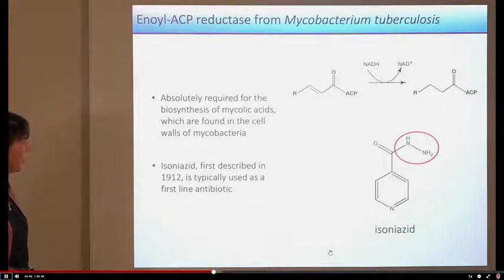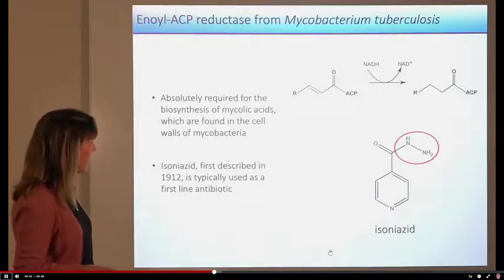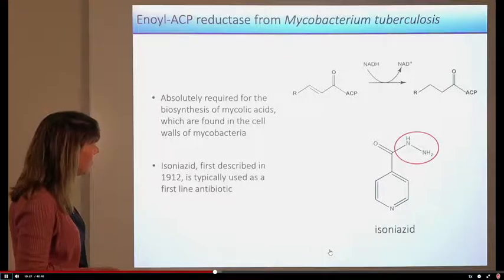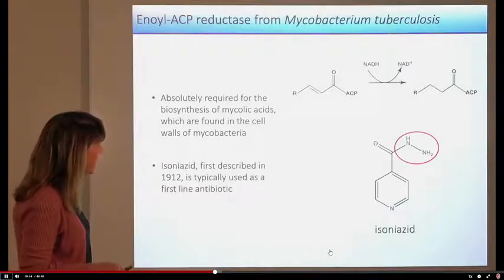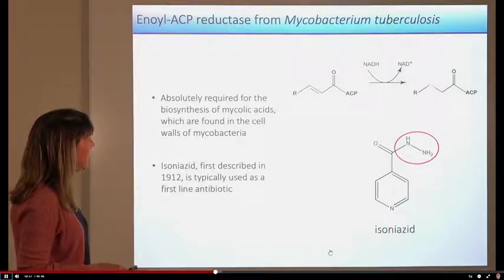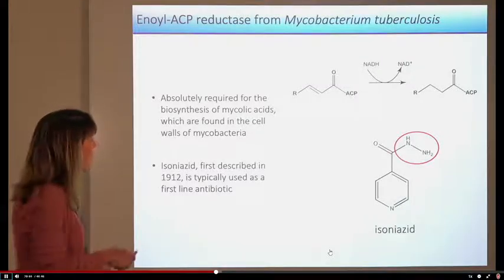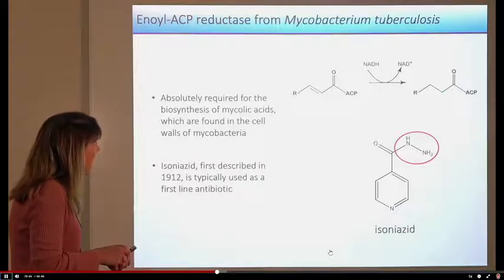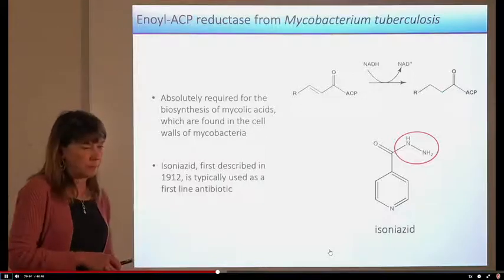Now you look at that, and it looks kind of like a nicotinamide ring, but there's some really interesting things over here. This looks like it could be quite reactive. And what does this enzyme do? It takes a double bond and makes a single bond out of it. So this is a reduction, which means that NADH gets oxidized to NAD.